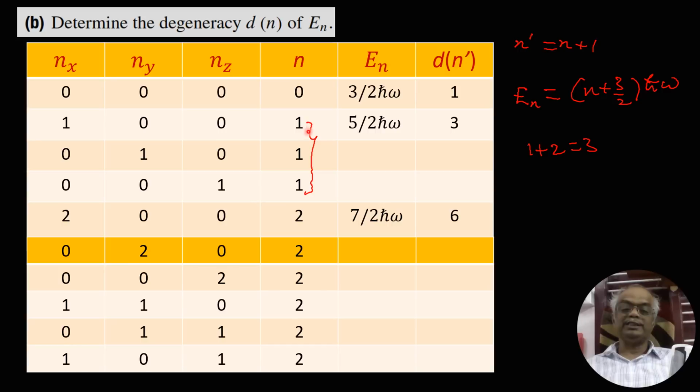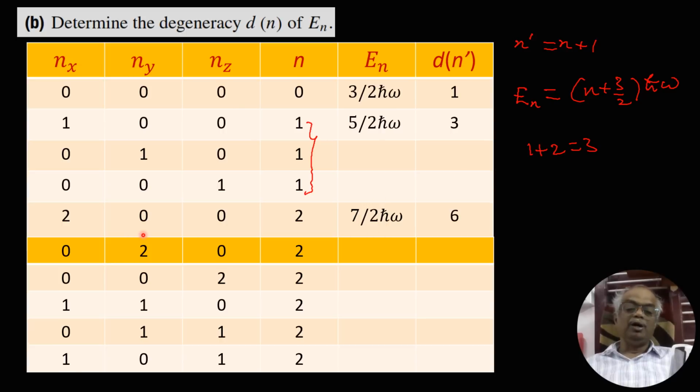You have to remember this; it is some mathematical trick only. You have three possible states. How did you get this? 1 plus 2. You are adding the values of n prime. n prime is 1 here, n prime is 2 here, 1 plus 2 you will get 3.